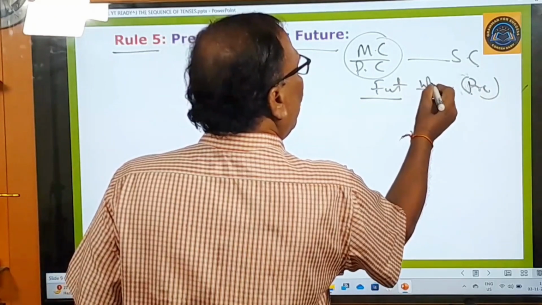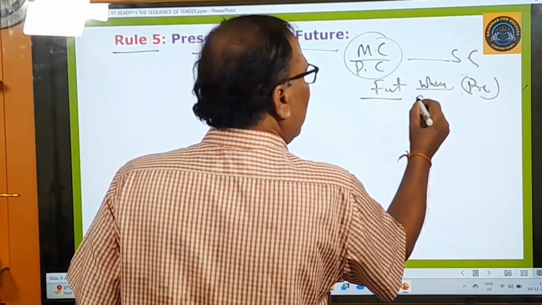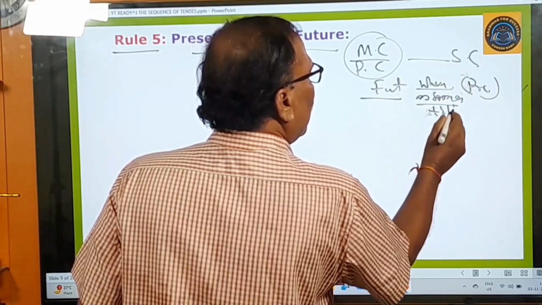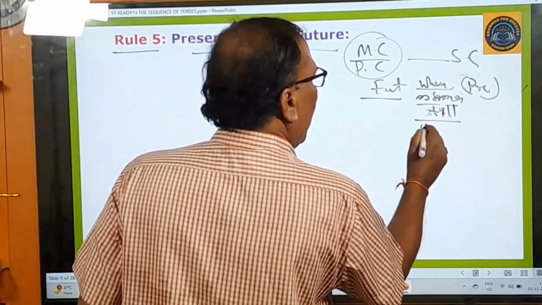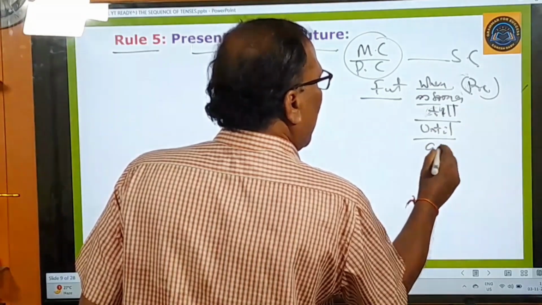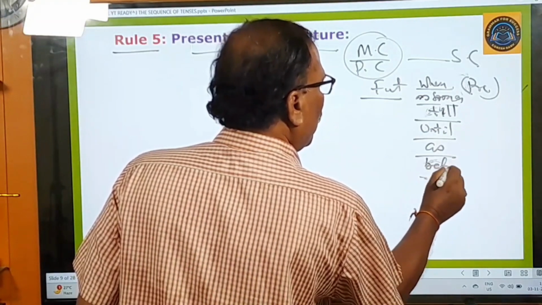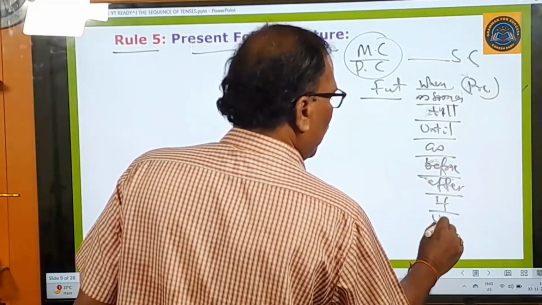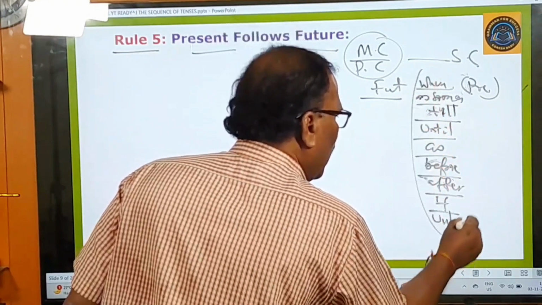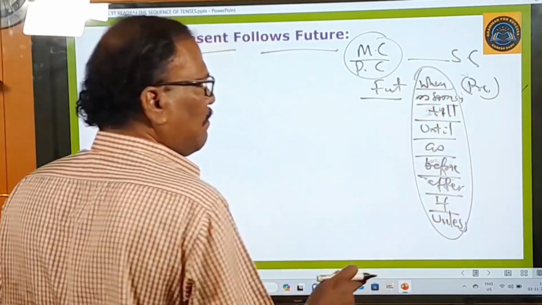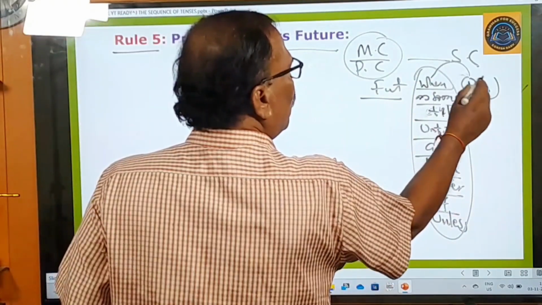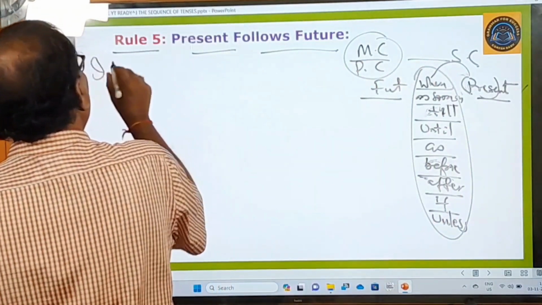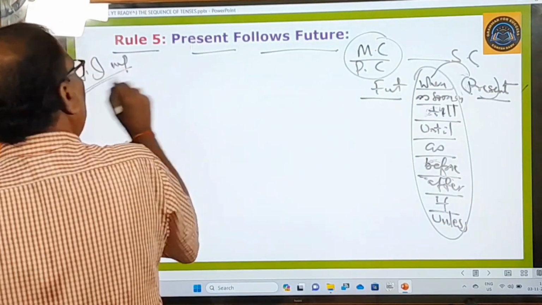Whenever there is a subordinate clause beginning with when, as soon as, till, until, as, before, after, if, unless, please look at all these subordinating conjunctions. After them, you must use only the present tense and nothing else. Very, very important rule this is.